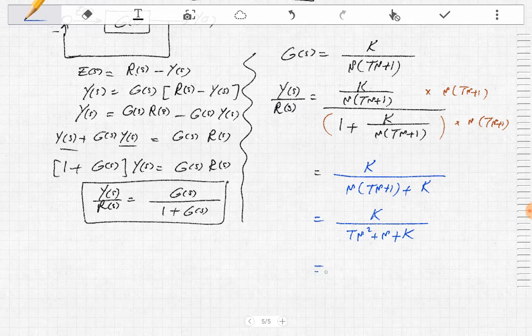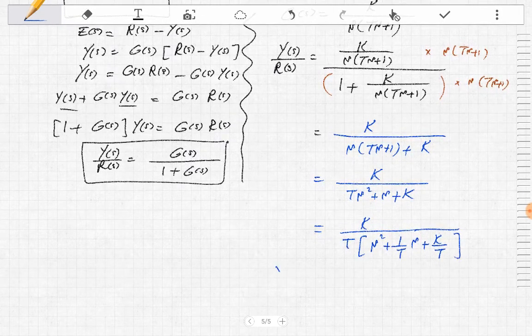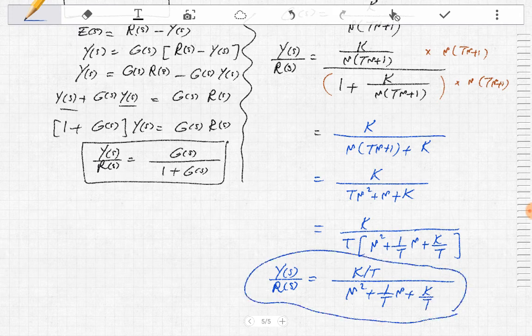It's equal to K, and T is a common factor. What's left? s squared plus 1 over T s plus K over T. So in the end, Y of s over R of s is equal to K over T over s squared plus 1 over T s plus K over T. That will be your transfer function of the system.